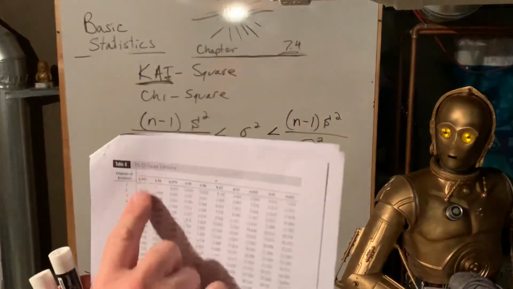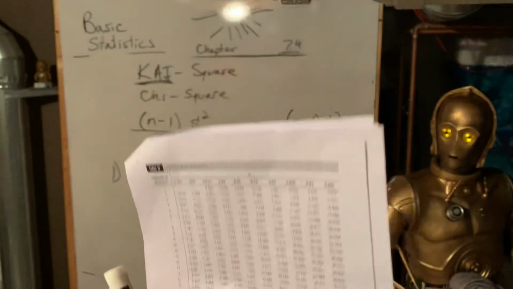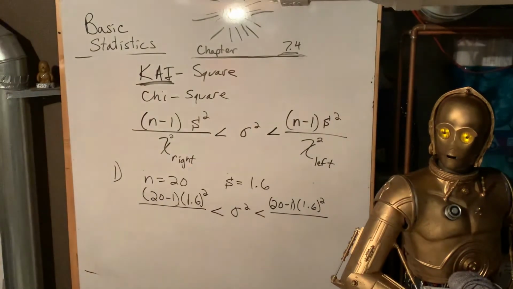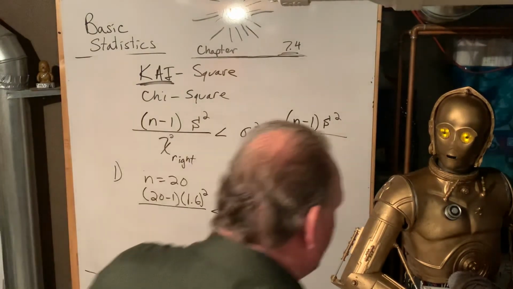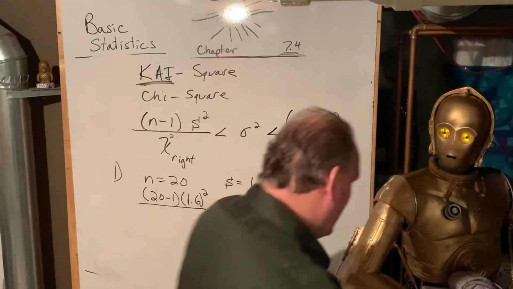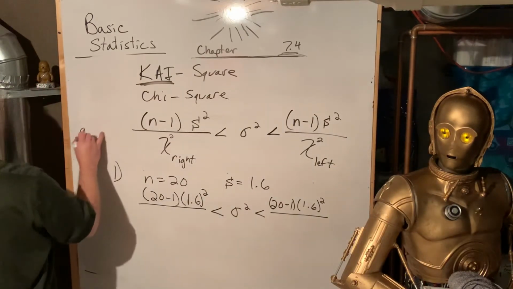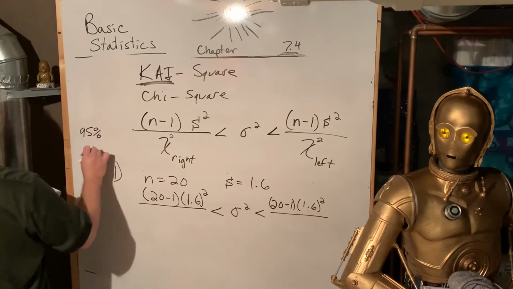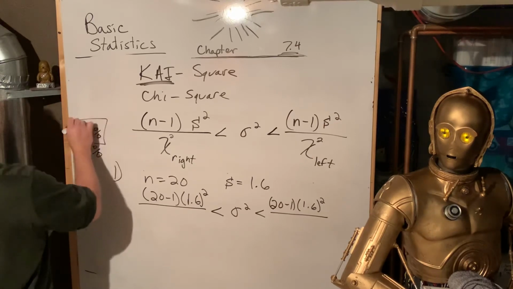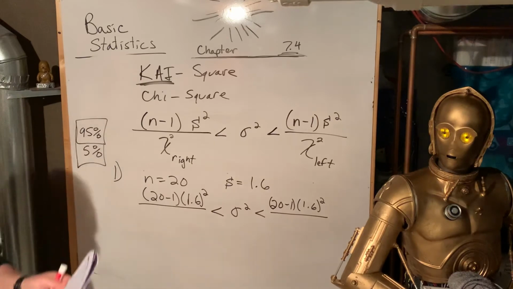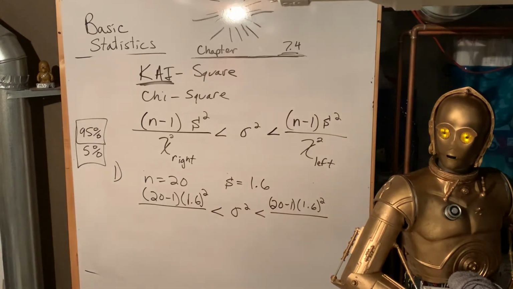When you look them up, you go to 19 degrees of freedom, and now you follow over. What do they want here? 95%. We're going to look up 95% and we're going to look up 5%. So we're actually looking up two different scores. Let's go down to 19 degrees of freedom and over to 5%.